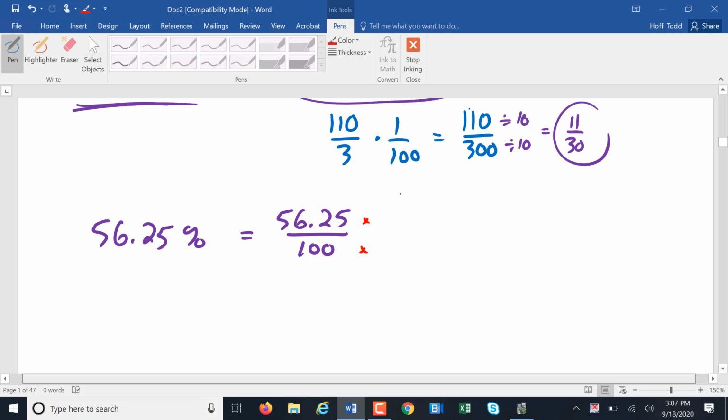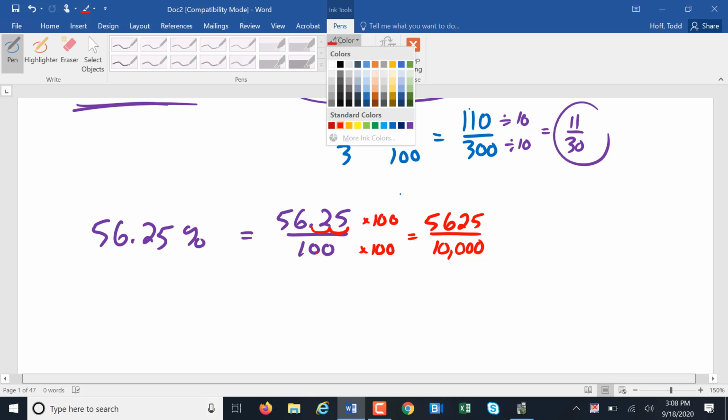That would give us, what, 225 over 400. If you don't see that, though, there's a method that'll always work, just like we did when we were dividing our decimals. There's 2 places here. I can multiply by 100 to move the decimal point over 2 places. That becomes 5,625. 100 times 100 is going to be 10,000.